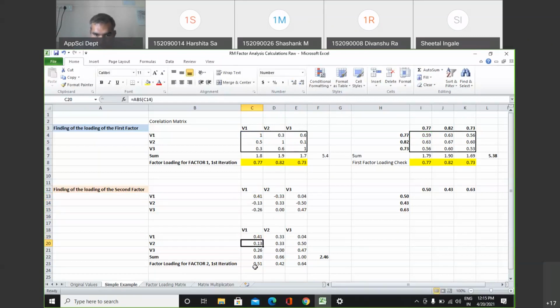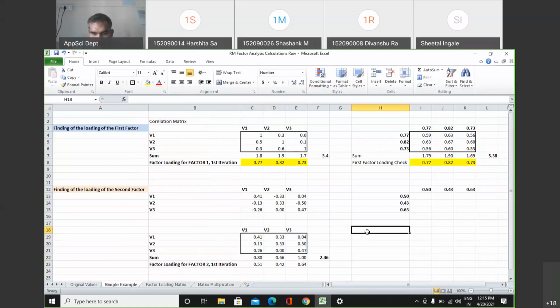Then repeating the same: sum of columns, and then the sum of columns divided by the square root of this grand total of the sum of columns. So here we got this loading.